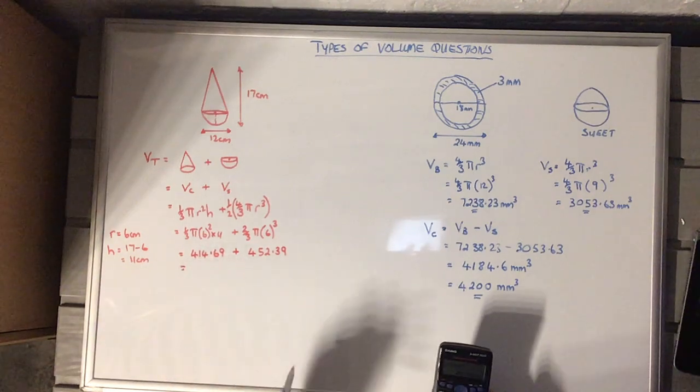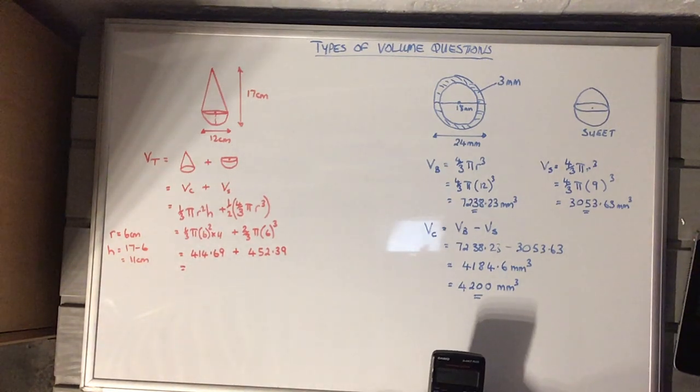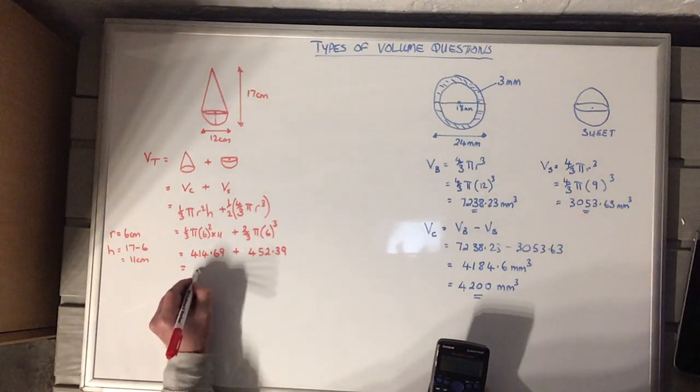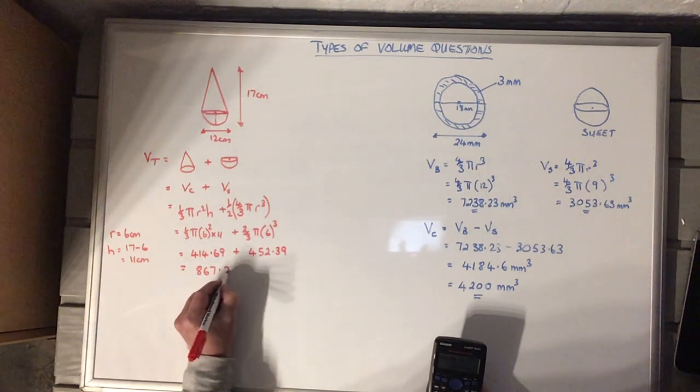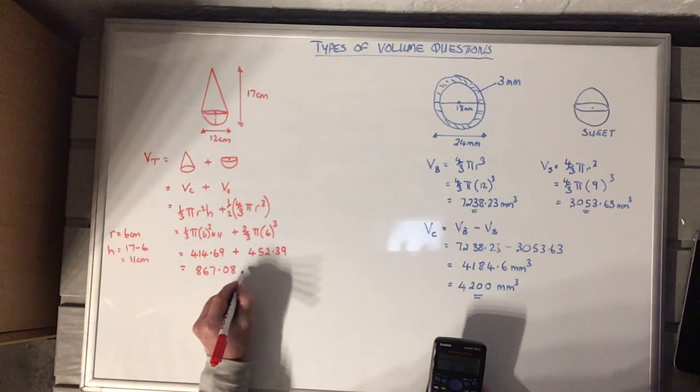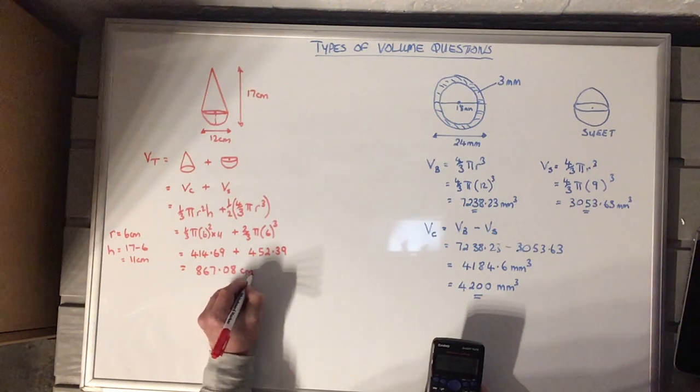And all we do now is we add these two values together, and that's going to give me a grand total of 867.08 to 2 decimal places, and that's cubic centimetres.